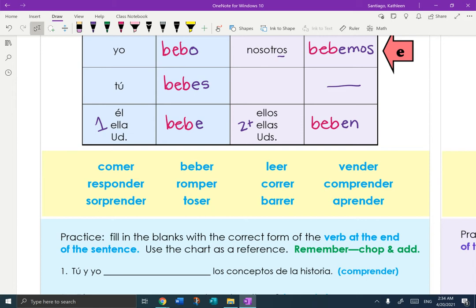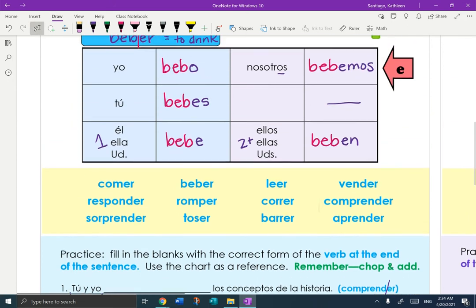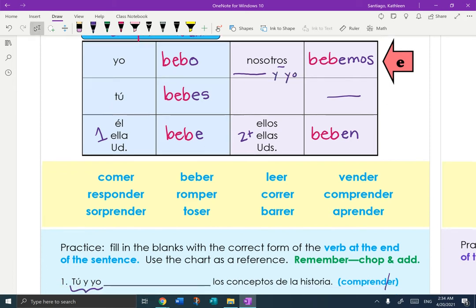Remember, chop and add. I'm going to do the first one with you. Tú y yo blank los conceptos de la historia. So if we chop and add, we're going to make the mark to chop, and then we're going to add in the endings to match tú y yo. Now, as soon as I see y yo, I should remember that up in the nosotros form, it's also anybody and I. As long as I'm included, I'm up in the nosotros form.